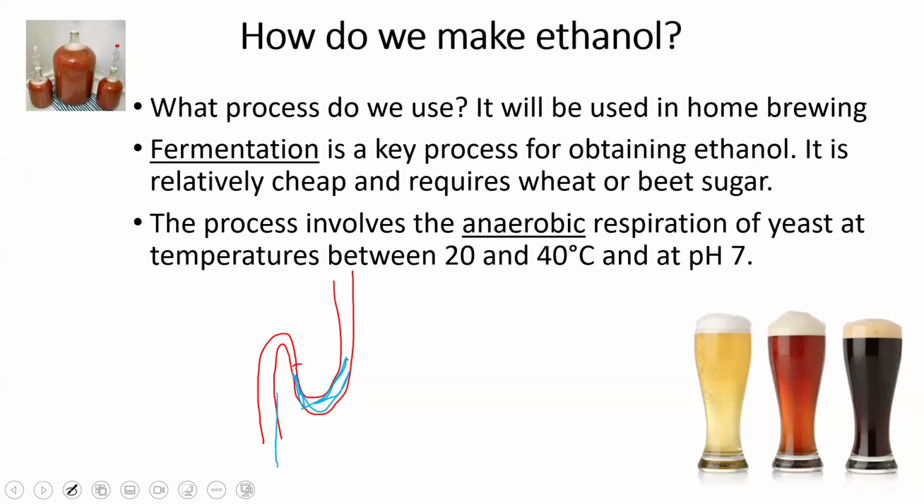The bubbles from the fermentation go up that tube, through the water, the blue bit here. The carbon dioxide bubbles through it, and then the rest of the carbon dioxide comes out here. The idea of that system is to prevent oxygen getting in, because if oxygen gets in, it becomes aerobic respiration, and then the yeast don't produce the ethanol. So it's the same as your toilet system. Right, that's fermentation.